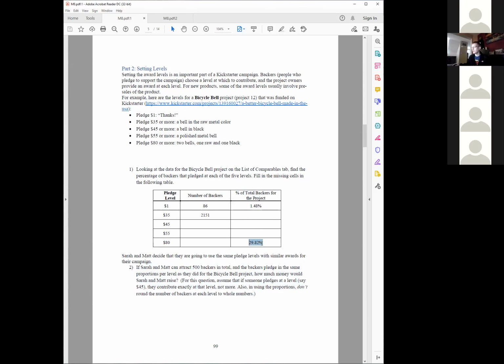And I think 29% of my 500 backers are going to give me $80. So we're going to take these percentages to break up these 500 people into 5 groups. And then using these pledge level amounts, we can translate that into how much money is going to come our way. And that's primarily the main set of computations you're going to be working on.